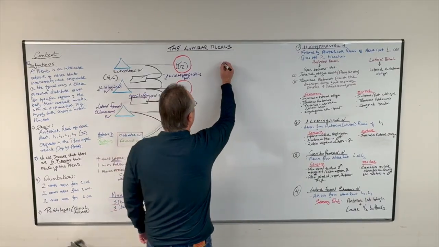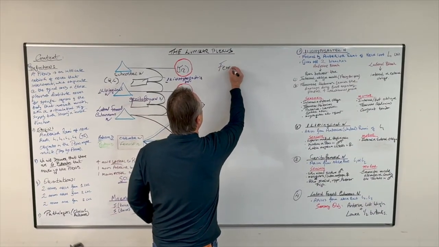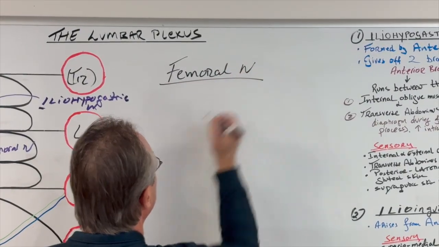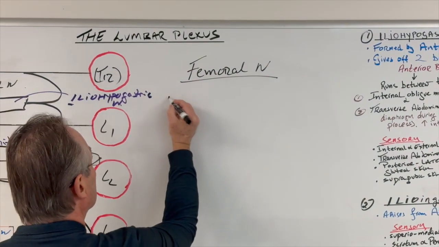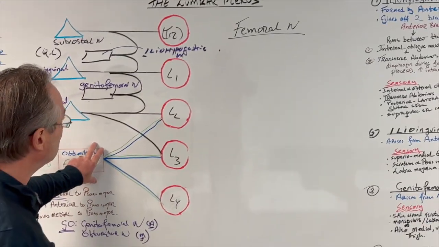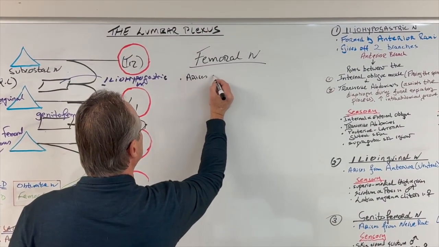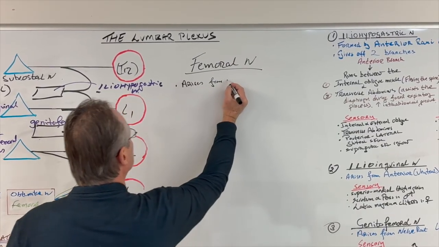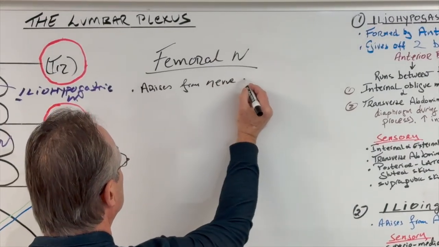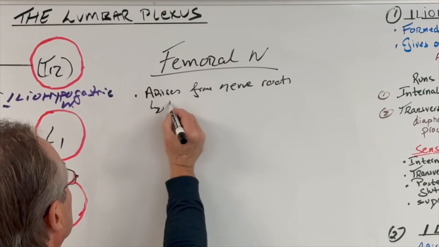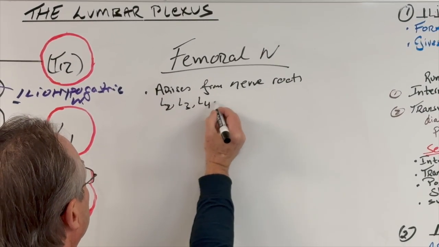Okay, last branch is the femoral nerve. Origin, we want to look back here. So it arises from nerve roots L2, L3, L4.